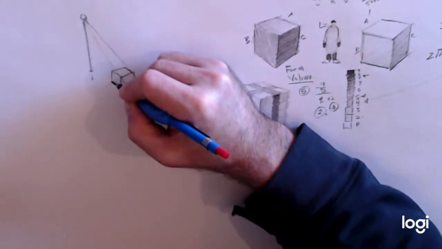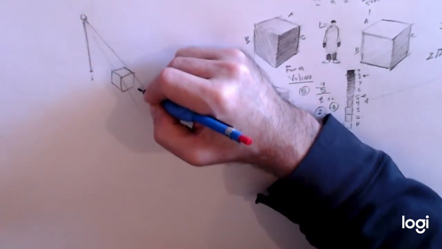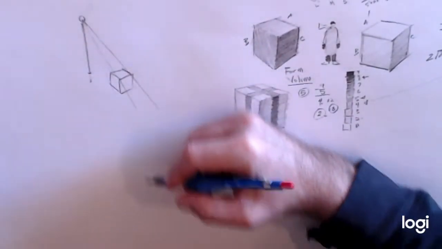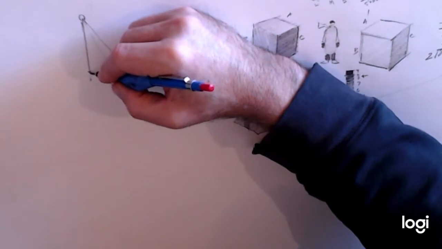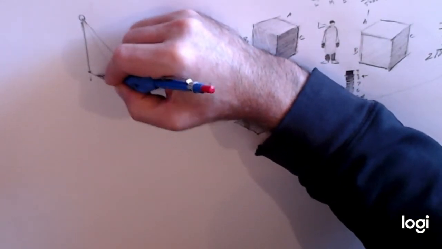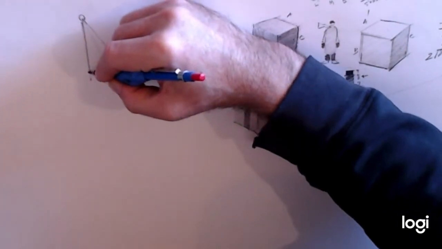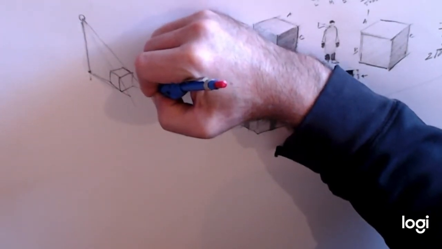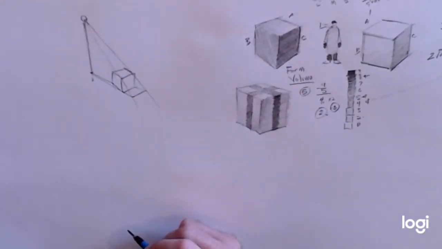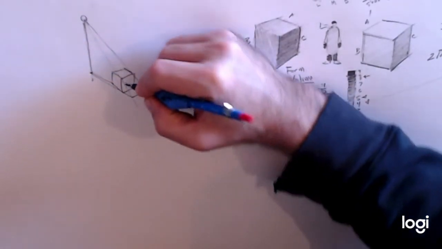right? And then here's the ground plane right here. And what we do is we pass through the object at its corners. See there and there. And here's a back corner.